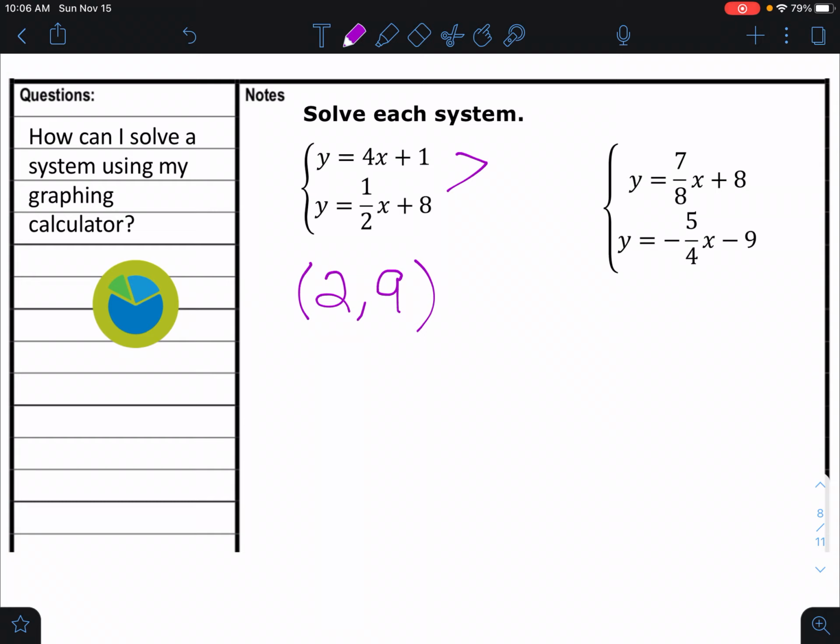Go ahead and do the second one and make sure that that makes sense. I'm going to do that here. We'll pause here.